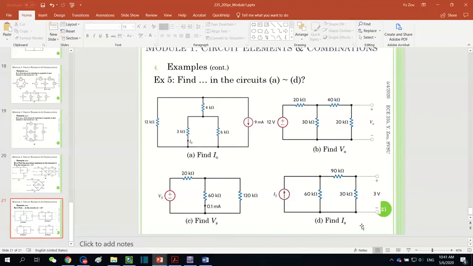Actually, the same attention should be paid in circuit C, where the given current 0.1 milliampere through 60K ohm is a downwards current, giving the voltage polarity positive up here, negative down here. So imagine, what if the given current direction is the other way around, upward? How to solve this problem?